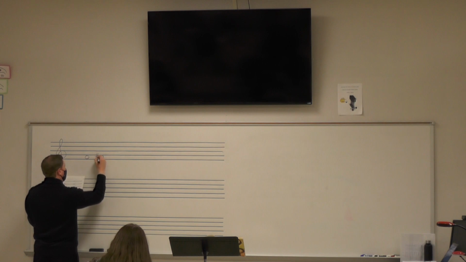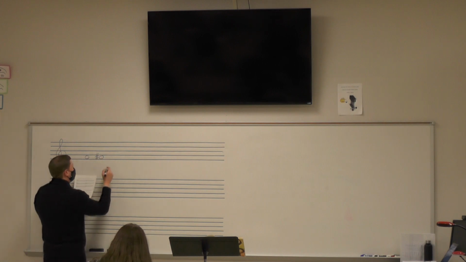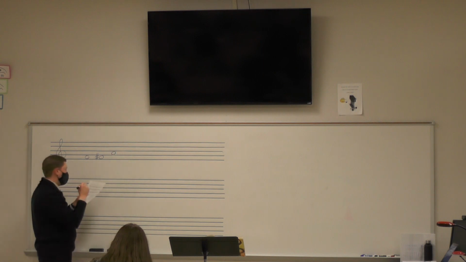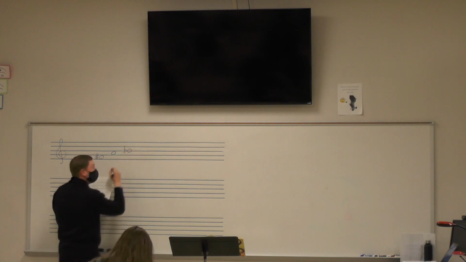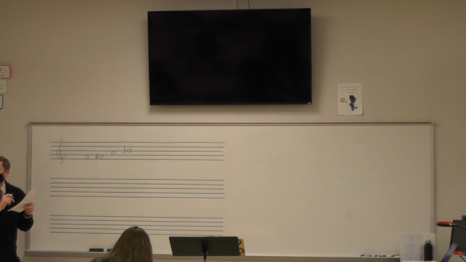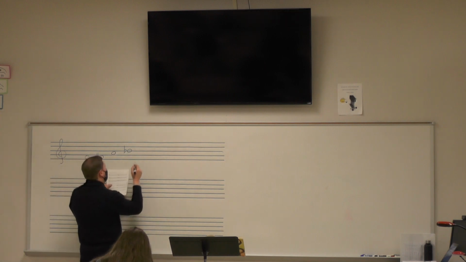Then the next note I have is an F sharp. Then I go a minor third above there, and I get an A. Then I go a half step above there, and you can spell it as A sharp or B flat, it doesn't matter, because remember, these are synthetic scales, and enharmonics are allowed.